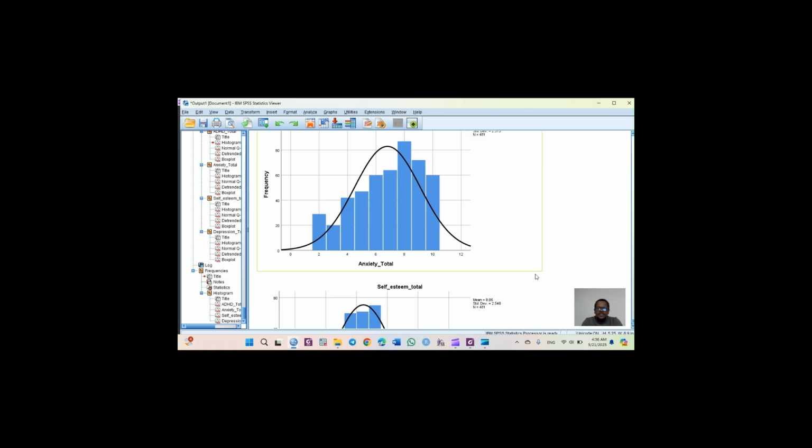It's almost closely fitting the bell shape. It seems a little bit negatively skewed. The values are a little bit concentrated on the right side, the highest side.